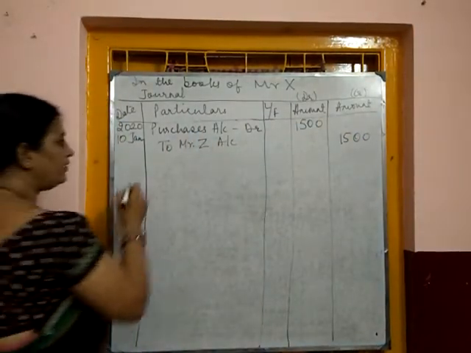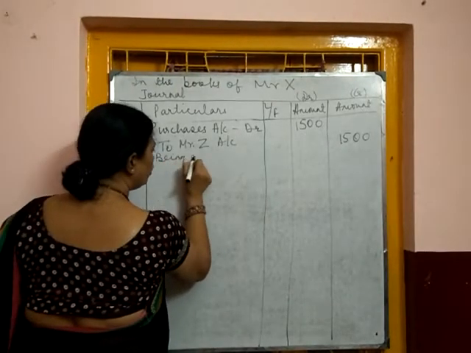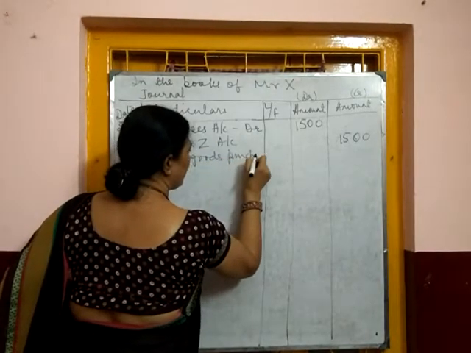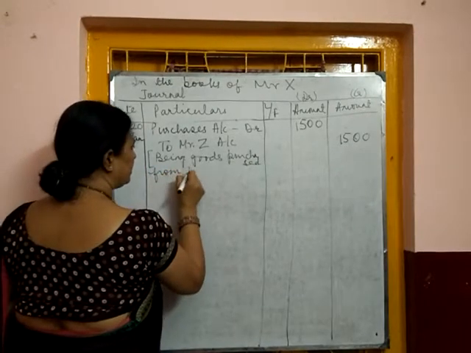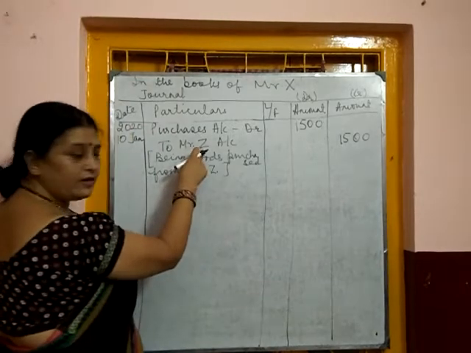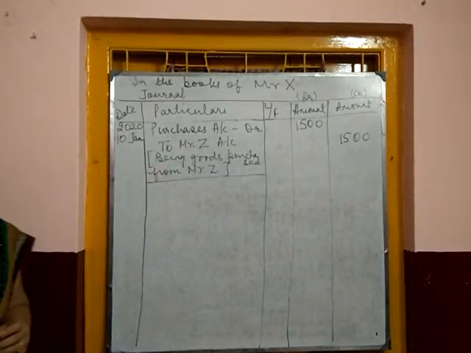Our narration will be being goods purchased from Mr. Z. Since name is there, we will always assume that it is a credit transaction.